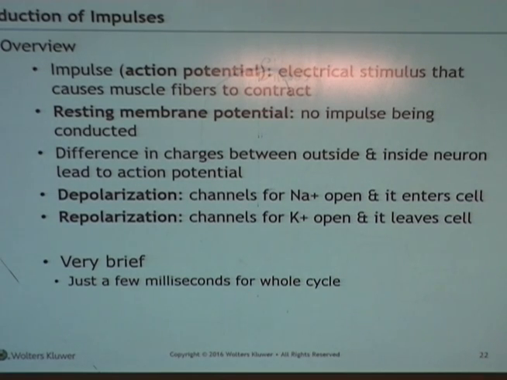But across the membrane, the balance in ion charge when we're at rest is minus 70 millivolts. Ish. Okay.